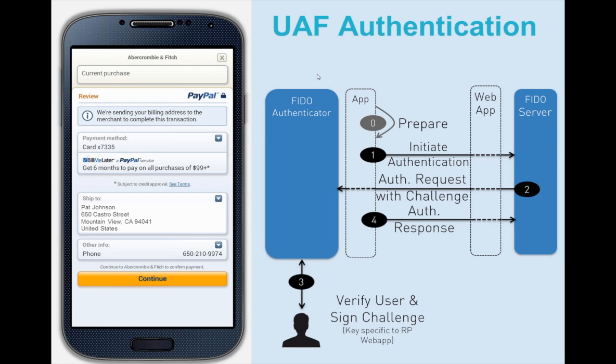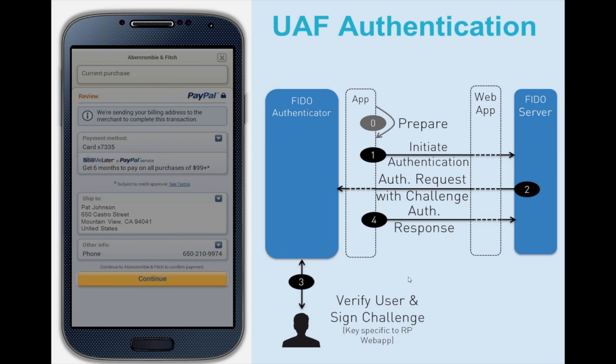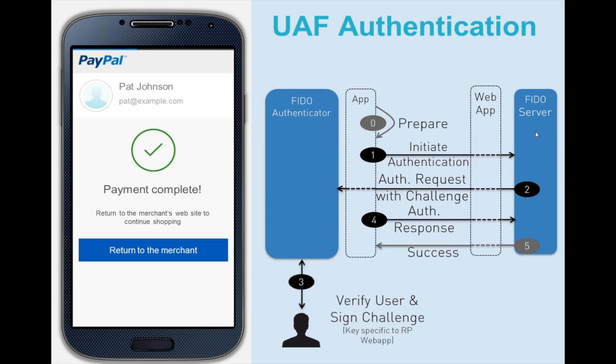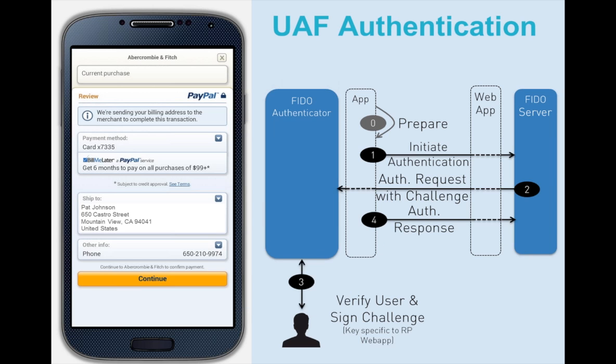This response is then sent to the server, and the server verifies it. The response essentially includes the signed data object, including the signature algorithm, the hash of the final challenge, authenticator random, signature count, and the signature, where the final challenge is the combination of the application ID, the facet ID, the channel binding information, and the random number, the challenge generated by the server. Once this information gets verified by the FIDO server, it indicates success or failure to the application. In this case, it was success, so it's just payment complete.